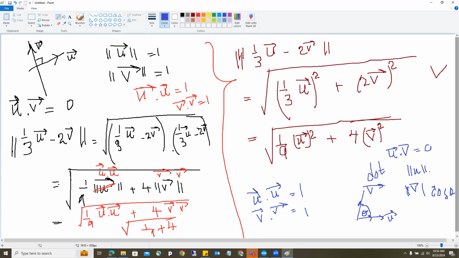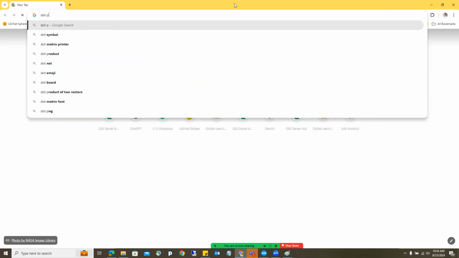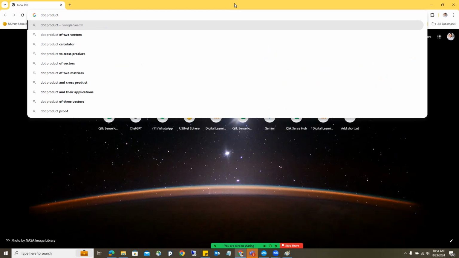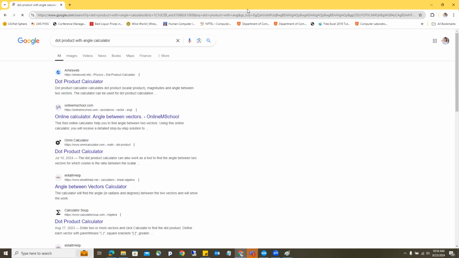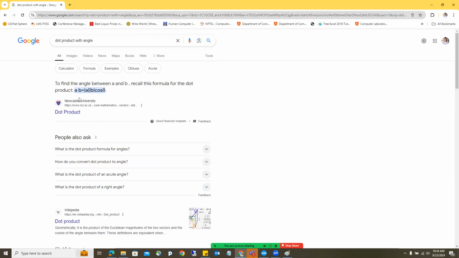If we consider the dot product with angle, to find the dot product, A dot B is equal to modulus A into modulus B into cos theta.